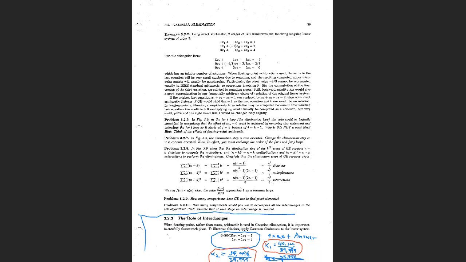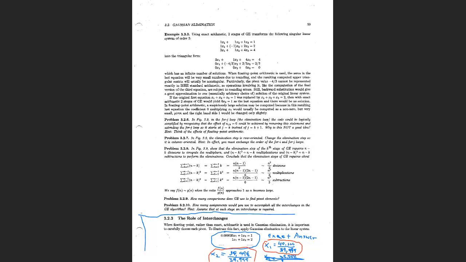Now what you're used to doing is you're used to using the smallest number in a column as a pivot. So what you'd be doing is, now I want to be careful how I say this. So yes, you like 1 as a pivot, but generally what you do is you use the smallest number in the column as your pivot.